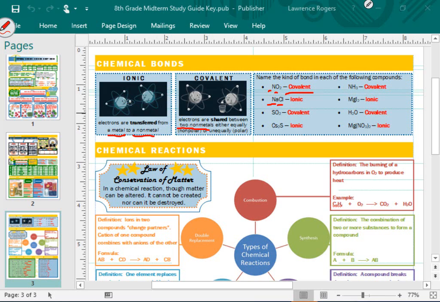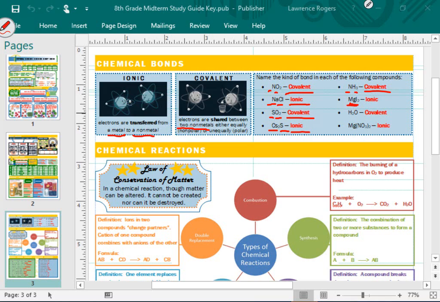Sodium is a metal, chlorine is not, ionic. Sulfur, nonmetal, oxygen, nonmetal, covalent. Cesium, sulfur. Cesium's a metal, makes it ionic. Nitrogen and hydrogen, both nonmetals, covalent. I think we have a typo here.